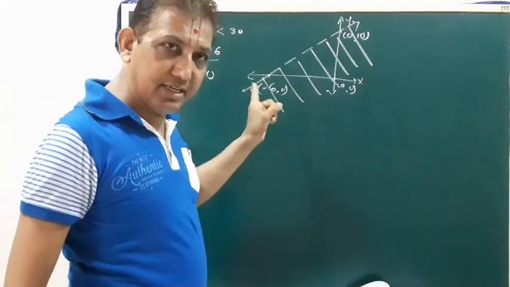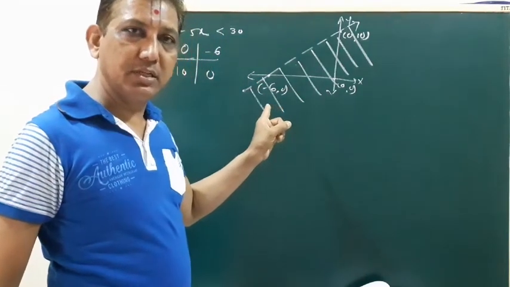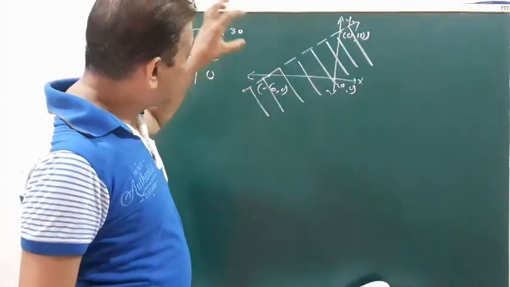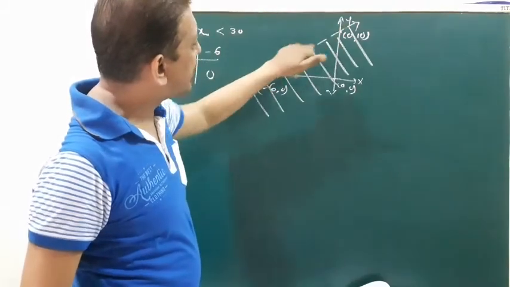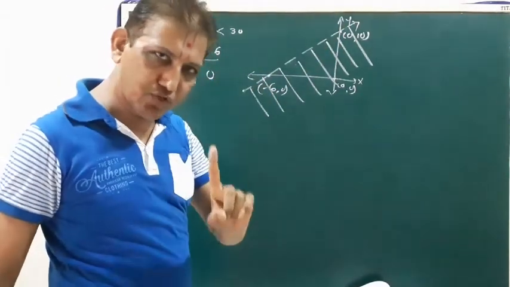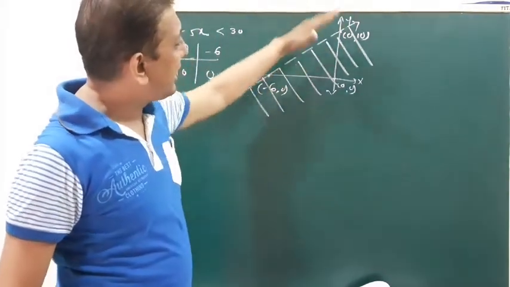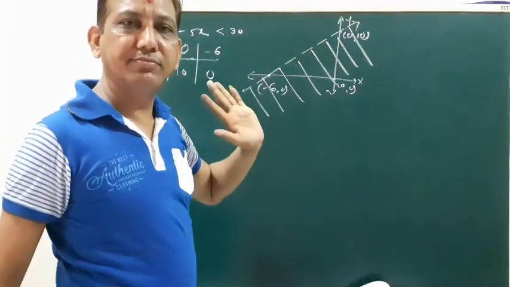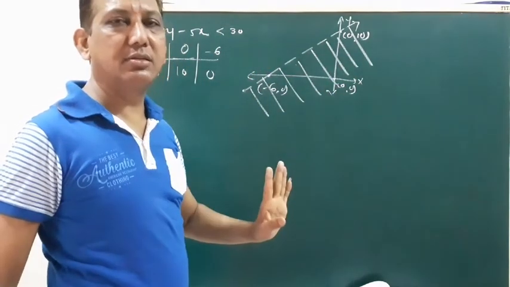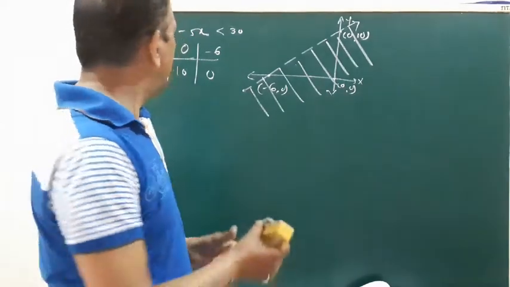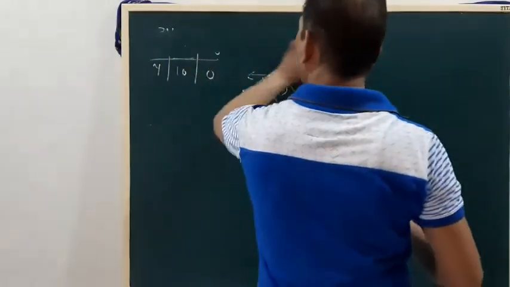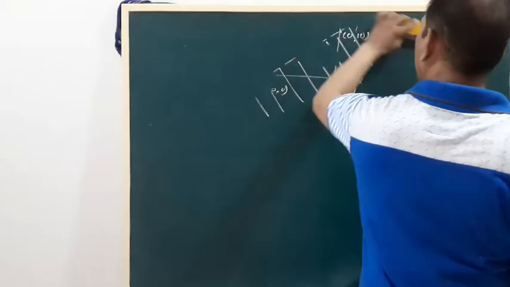You have already studied this in 9th and 10th. We include only the line, you can draw dotted or dark, and any one side of the line. Is it clear? Now same question, but we give two equations.